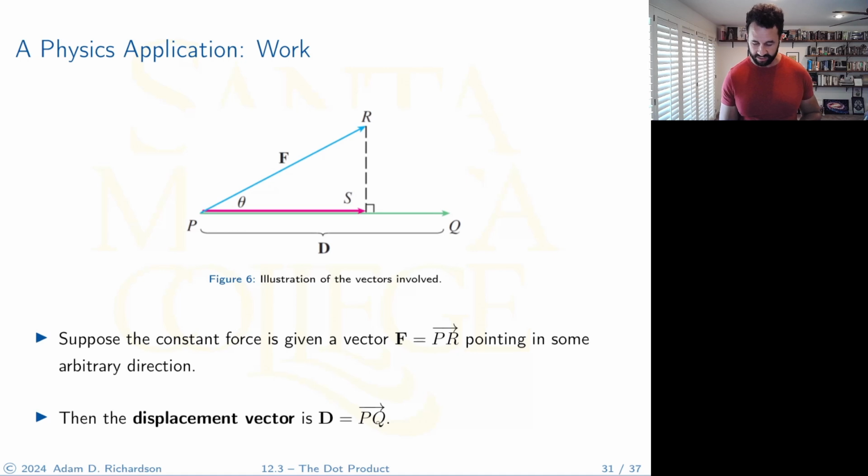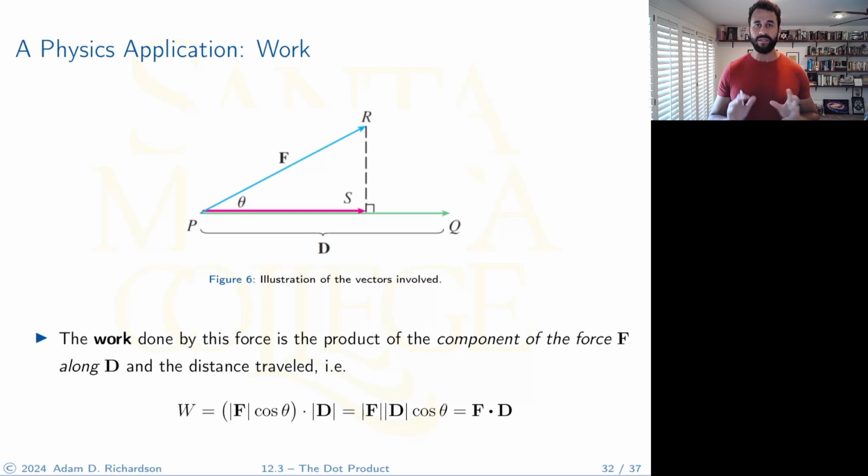Here's the force that's acting. So suppose we have a constant force given by this vector F, pointing in some arbitrary direction. Then we're going to say the displacement vector is the vector PQ. We'll call it D. And we want to know the work done by this force in moving the object along this vector. So what is the work done?